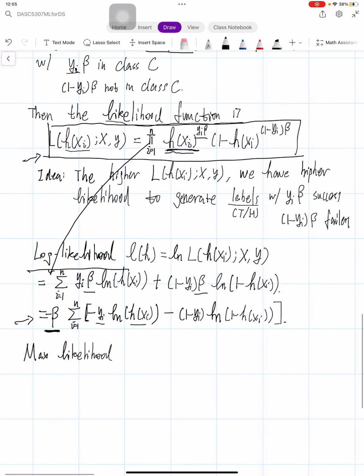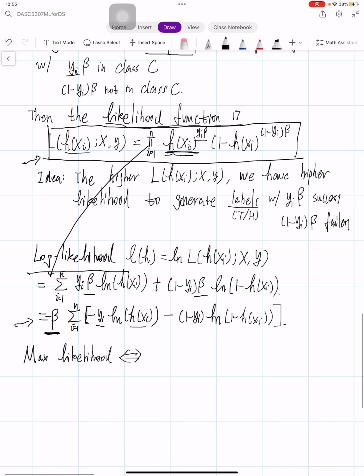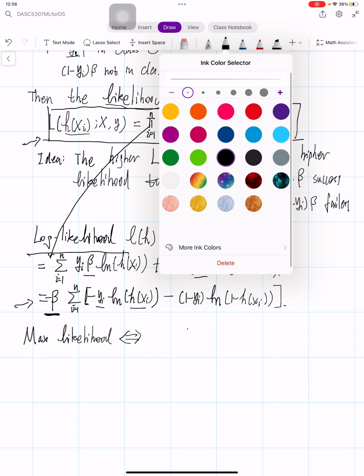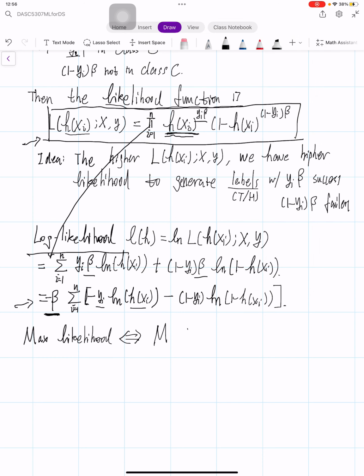So maximizing log likelihood is equivalent to maximizing the following, or minimizing the following: the summation from i from 1 to n.